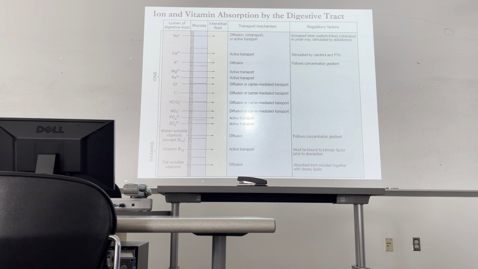If there's no concentration gradient, then you cannot absorb. And so that's why if we have diarrhea or if we don't take in these electrolytes, there's no way to absorb them. Okay? That explains the weakness of patients. We're going to talk about these major electrolytes, what they do in chapter 26. And that's the end of chapter 24.